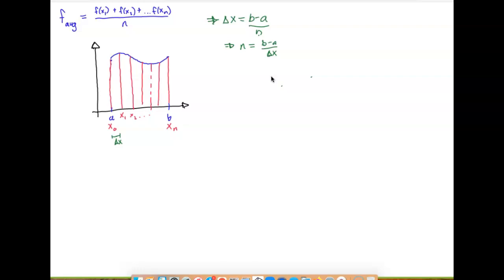Well, let's go back into my f average formula and replace the n with its equivalent. So I have f of x1 plus f of x2, keep adding until we get to f of xn, and now I'm replacing n with b minus a over delta x. Thank you, not over n, b minus a over delta x. When I divide something by a fraction, I can simplify that by flipping the denominator and multiplying, right?